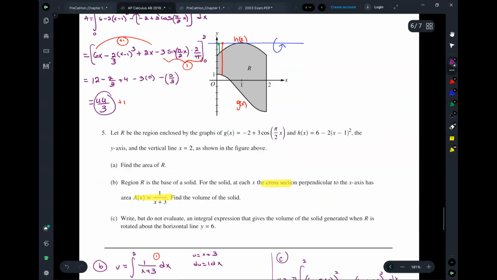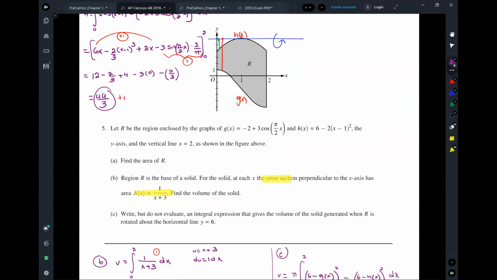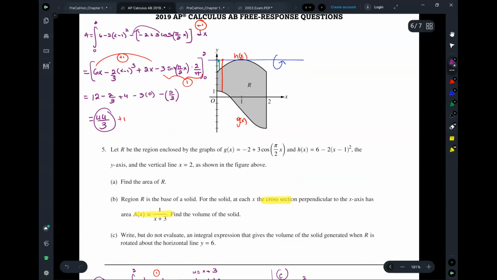You don't have to put the actual function. That's it, because it says write, but do not evaluate. g of x and h of x are functions that they gave you. They told you what the functions are. You don't have to do anything more than that.